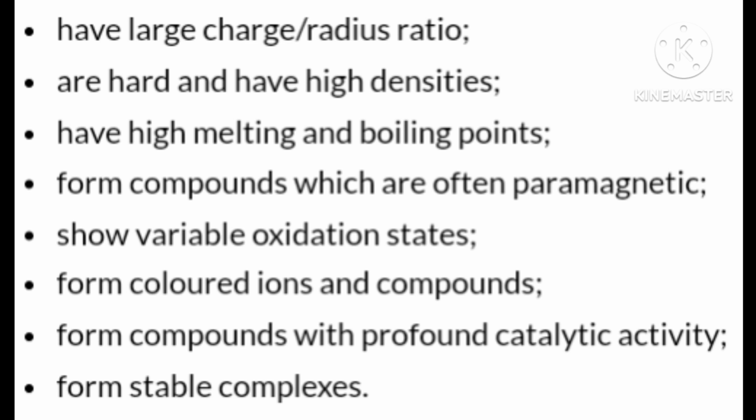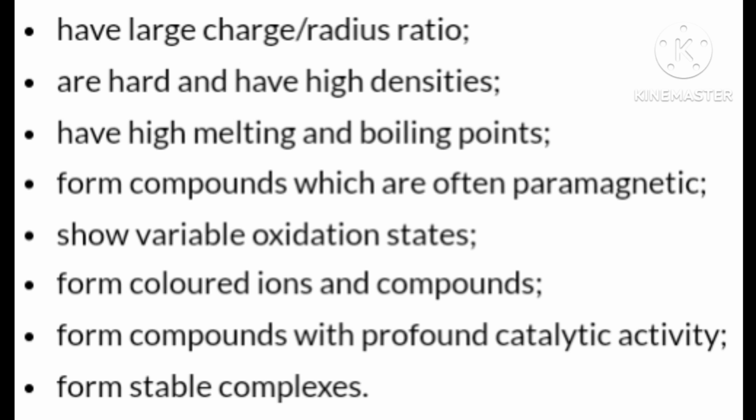Hafnium is less, tantalum is more, W is highest, and after that rhenium is less than tungsten, osmium is again less than rhenium, iridium is again less than osmium, and platinum is less than iridium. Okay, and after that Au, gold, is very soft. Gold is called a soft metal.